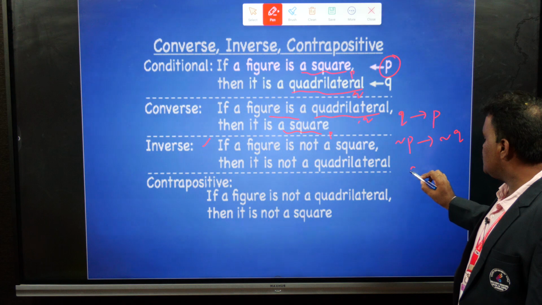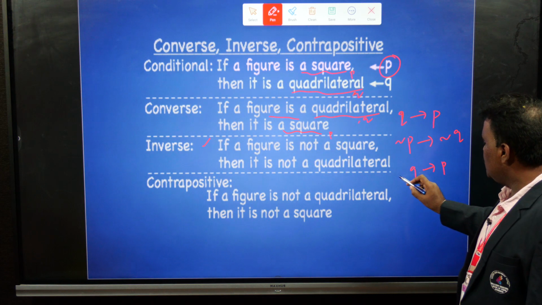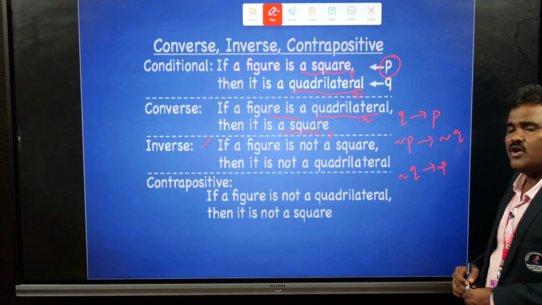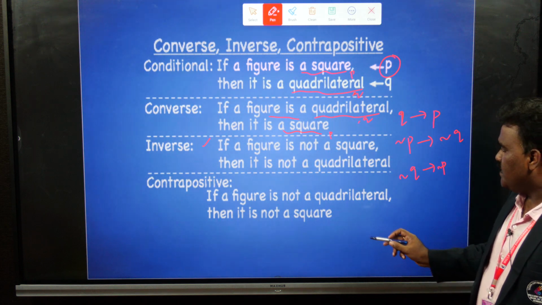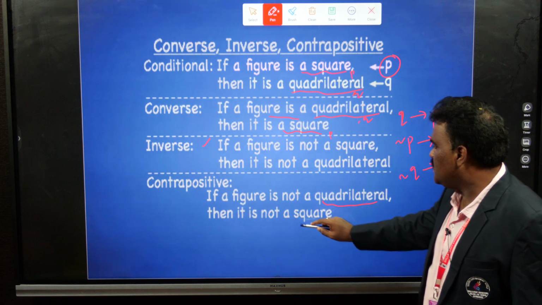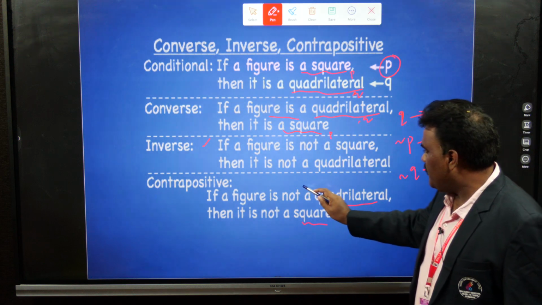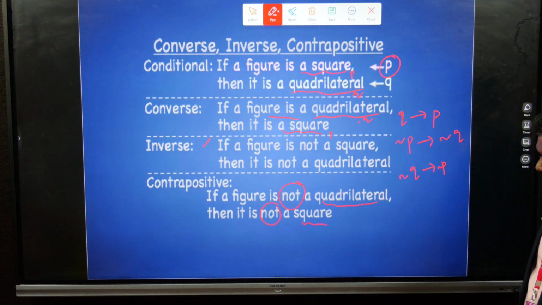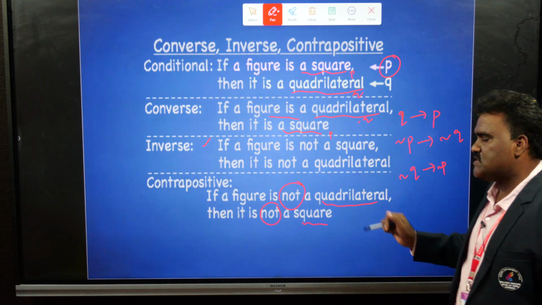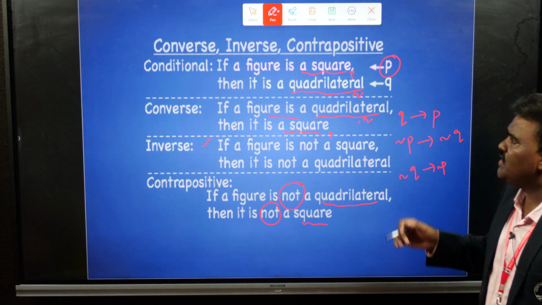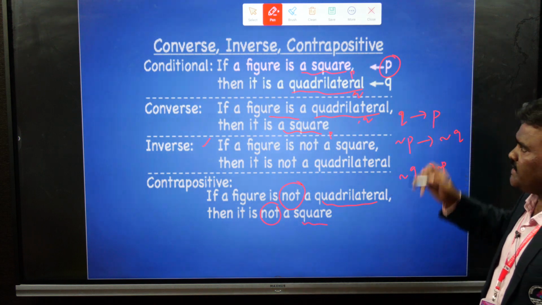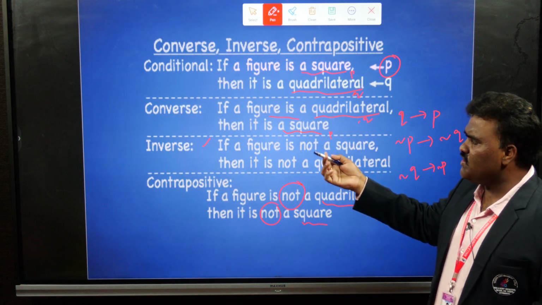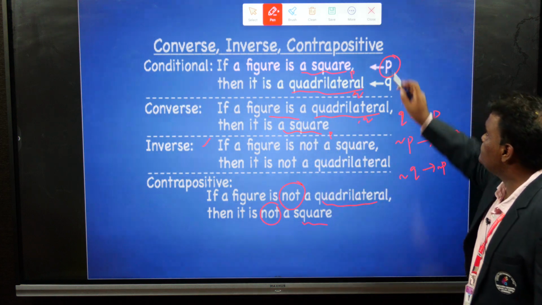First you have to interchange Q and P, then you have to apply negation on both sides, then that statement is said to be contrapositive. So here this is Q, this is P. Applying negation on both sides: if a figure is not a quadrilateral, then it is not a square. So in this way we have to represent the conditional. First you take the original statement, that is the conditional statement, then converse, inverse, contrapositive.